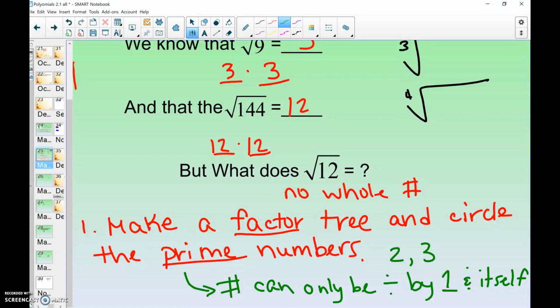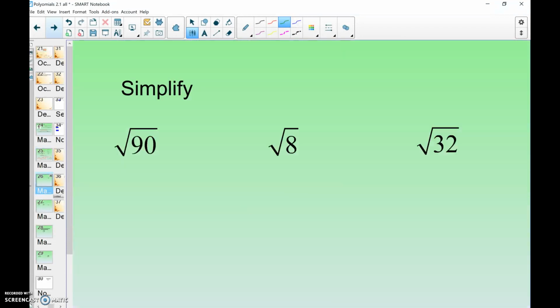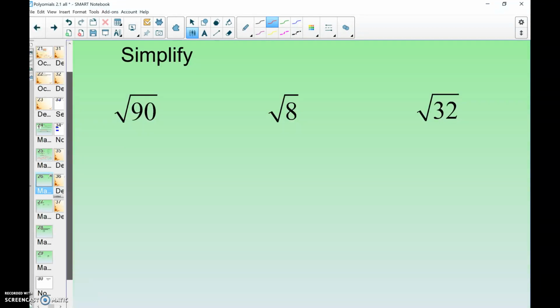I can only divide it by 1 and 3. 4, I can divide that by 1, 4, and 2, so that's not a prime. 5 is a prime. I can only divide that by 1 and 5. 6, not a prime. I can divide it by 1, 2, 3, and 6. So that's just a quick example of what prime numbers means. So we're going to do these first 3 examples, and we'll tie in that jailbreak concept as soon as we get our factor tree done.